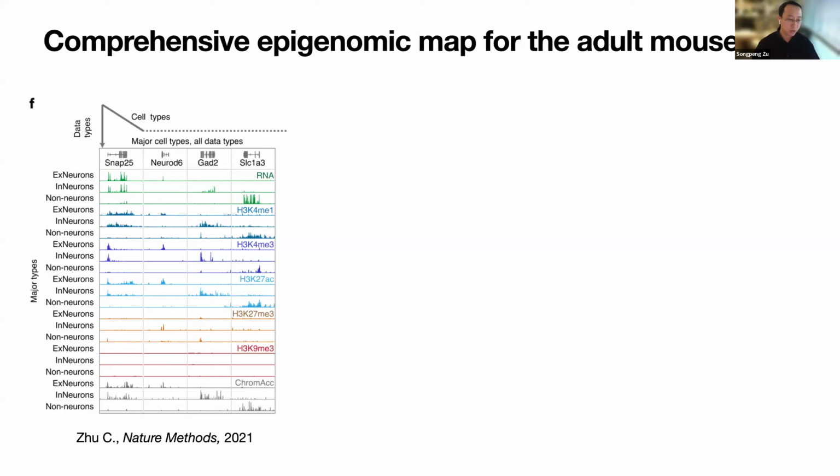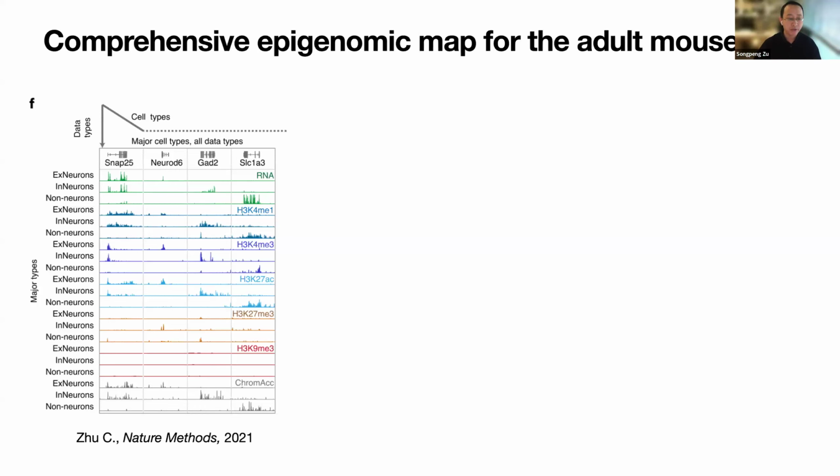Now I want to introduce what we are doing. At first I showed you that chromatin accessibility measured by single cell ATAC-seq data is one way to identify cis-regulatory elements, but there are lots of different kinds of cis-regulatory elements, right? For example, promoters, enhancers, insulators, and so on. So we can use histone modifications to help us classify those elements.